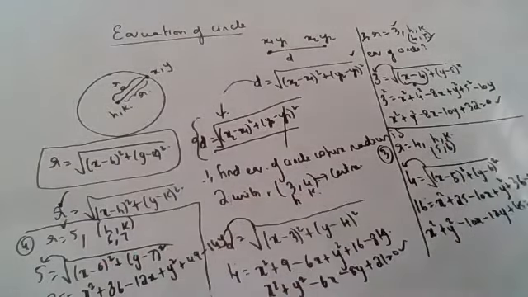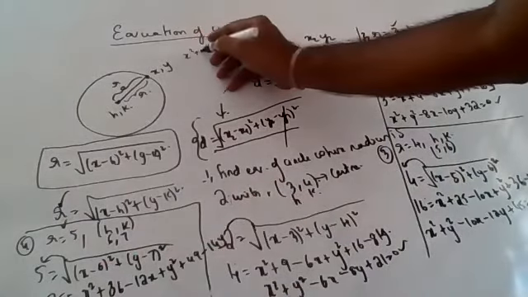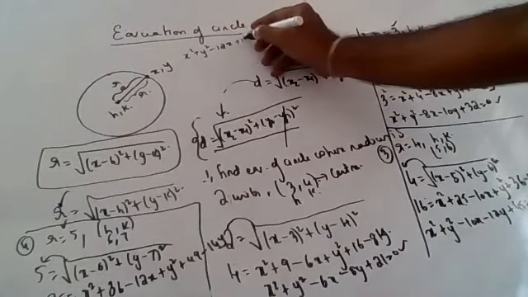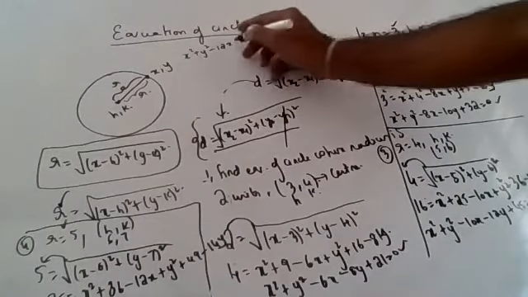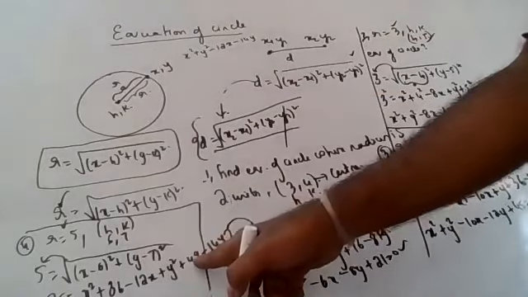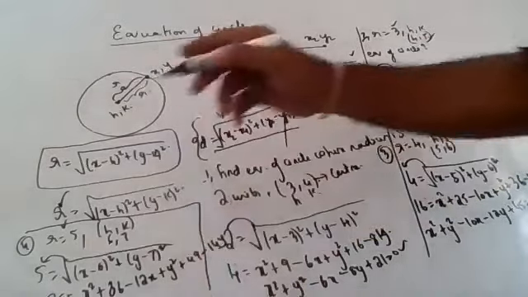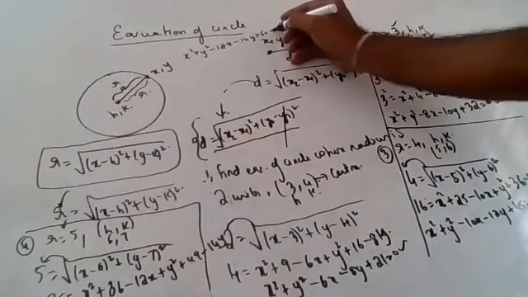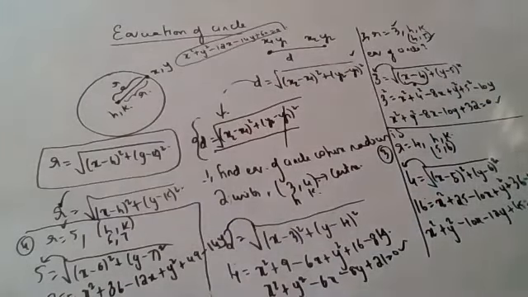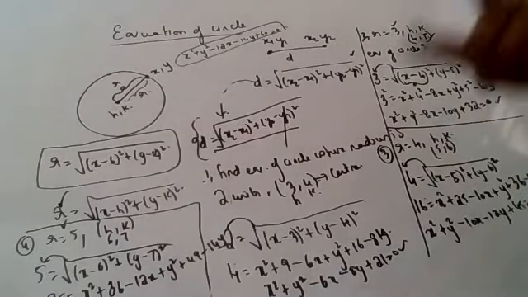Okay, so what is the answer? x square plus y square minus 12x minus 14y. 36 plus 49 is 85. 85 minus 25 is 60. This is the equation of the circle. Okay, so children, I hope you all understood how the equation of the circle is derived.